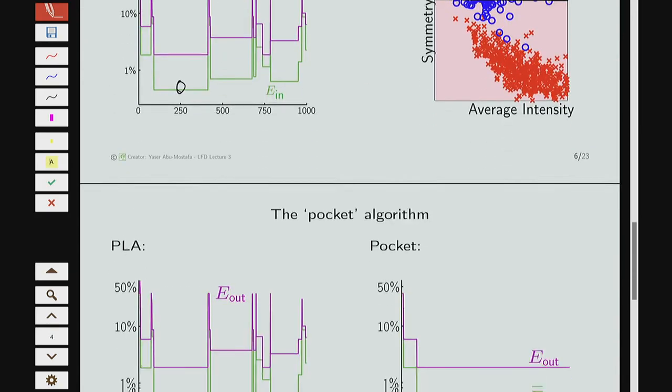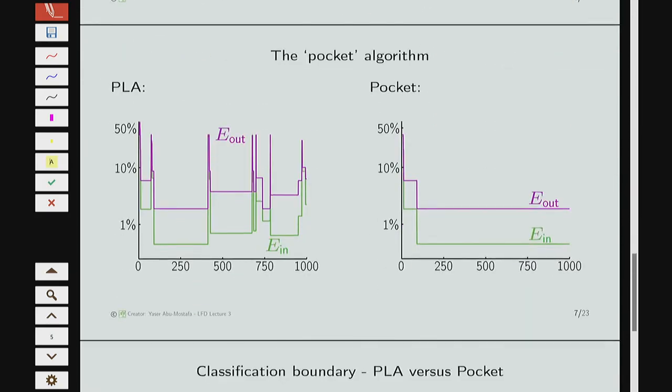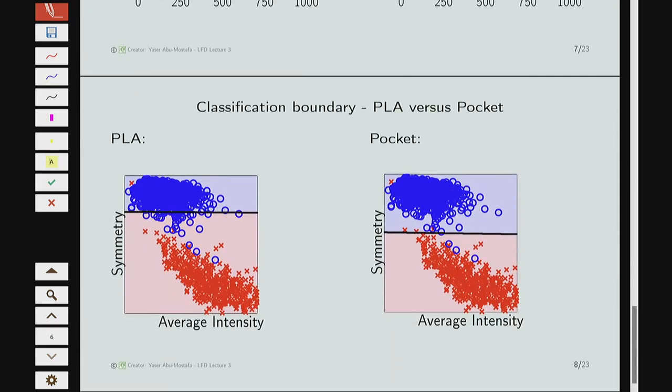So that's PLA. If you do it, then you always keep the minimum. You keep this in the pocket, and that's the best one you have. And the final answer is the best one within the first 1,000 iterations.